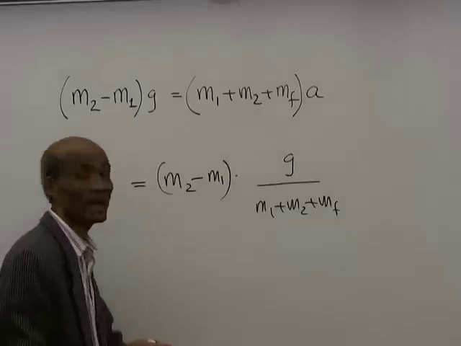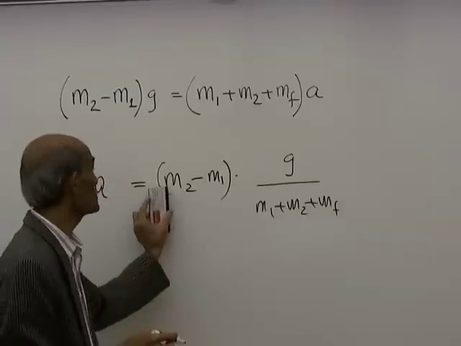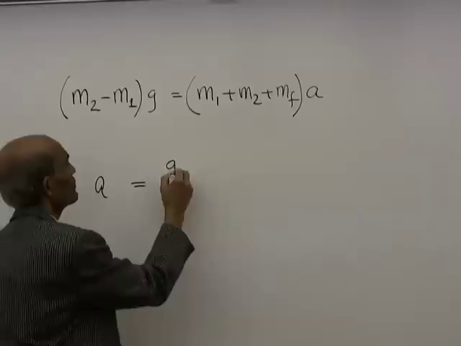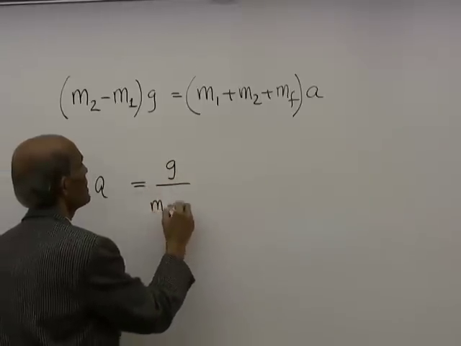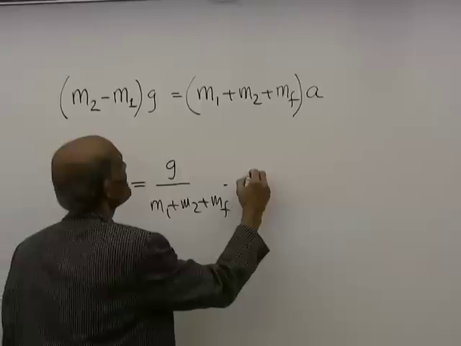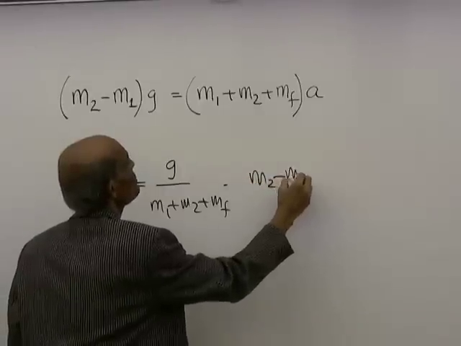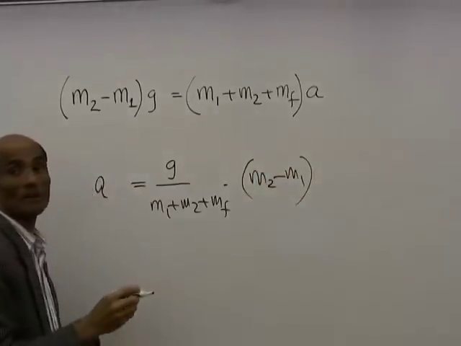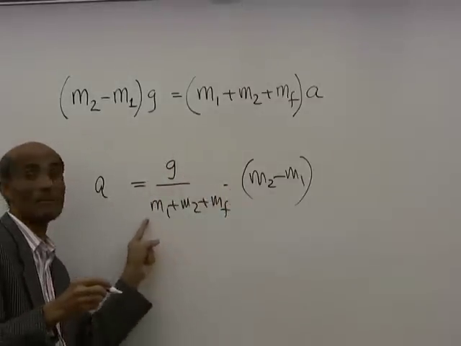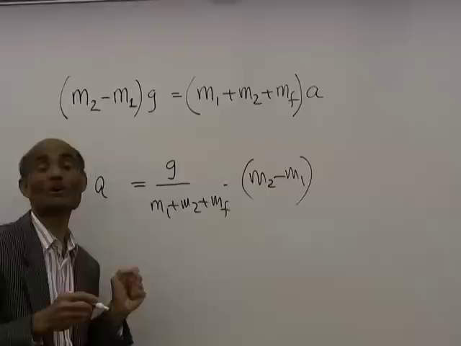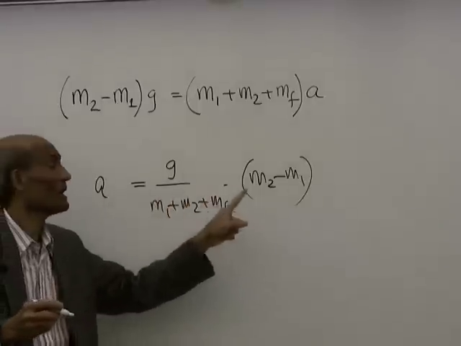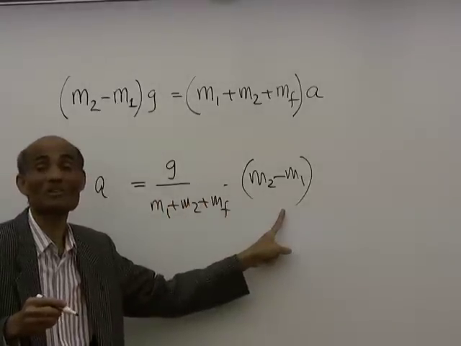Why did I write like that? Well, I'm going to write it a little more differently. I'm going to say a is equal to g over m1 plus m2 plus mf times m2 minus m1. Now, this is of the form y equal to mx. So your graph will be acceleration on the y-axis and m2 minus m1.